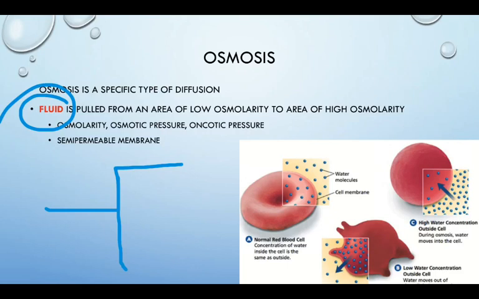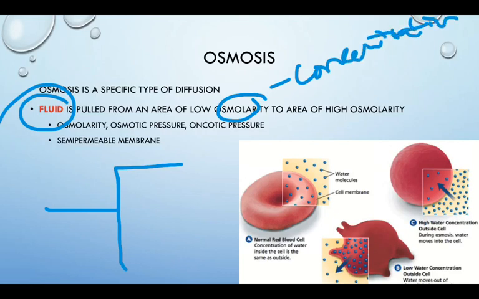Okay, so in osmosis you pull fluid from an area of low osmolarity, and all osmolarity means is concentration. That is a fancy way of saying concentration. That is how much solute is in solvent based on osmoles, which is a thing in chemistry. It's a way that they measure concentration in chemistry.